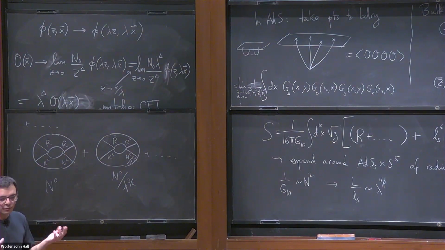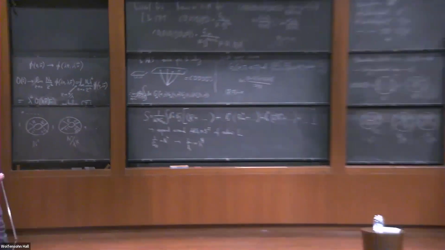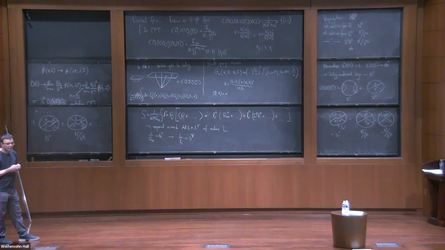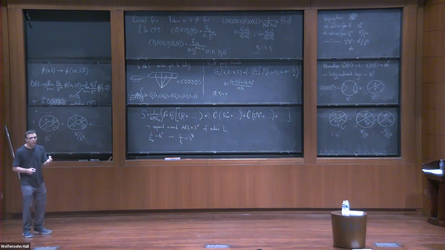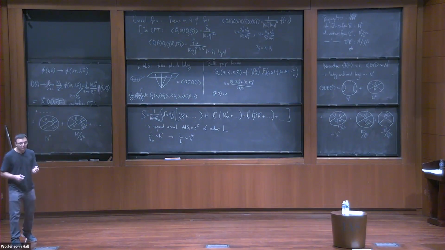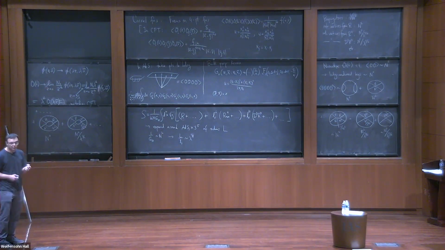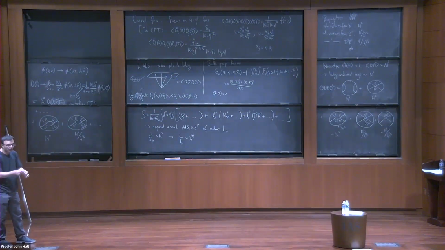However, you wouldn't be able to compute that string diagram in AdS. You can compute it in flat space, but not in AdS. So each of these fields that were kept corresponds to the lowest oscillation modes of the strings, the string theory strings. So they all correspond to some small string propagating.